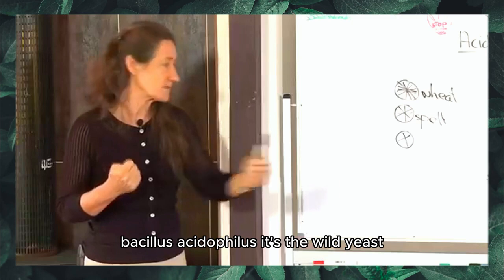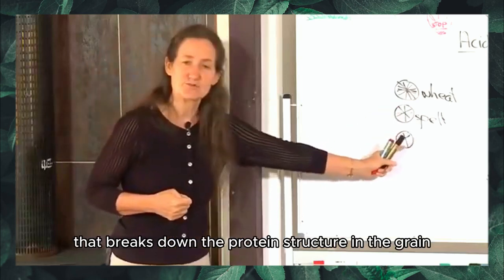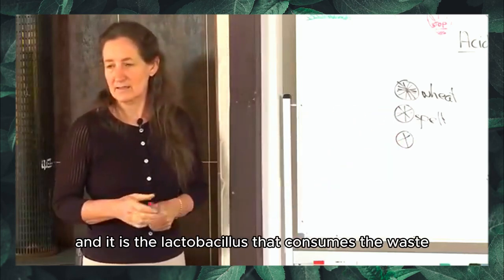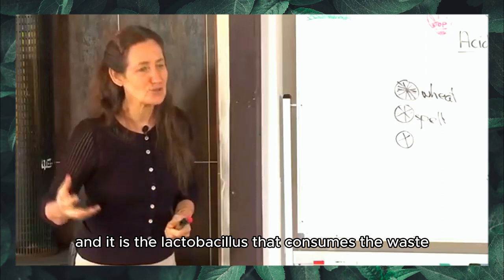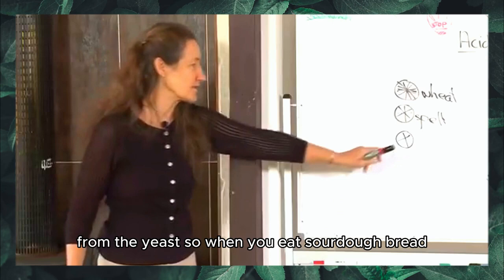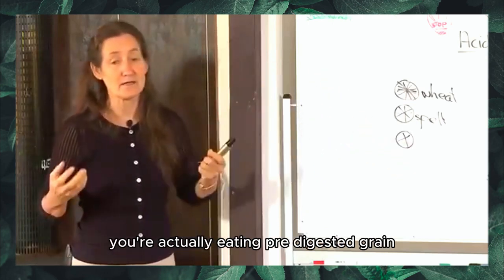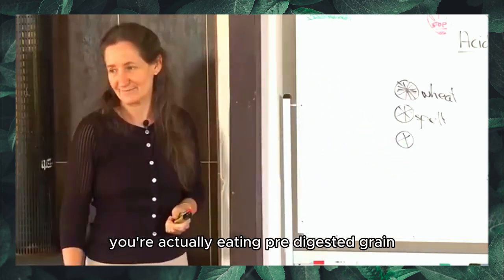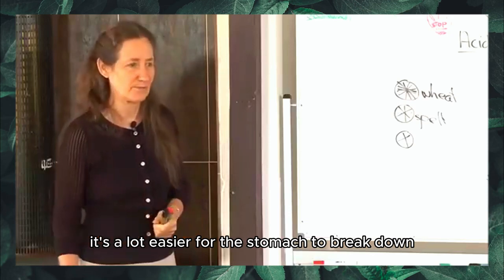It's the wild yeast that breaks down the protein structure in the grain, and it is the Lactobacillus that consumes the waste from the breakdown from the yeast. So when you eat sourdough bread, you're actually eating pre-digested grain. It's a lot easier for the stomach to break down.